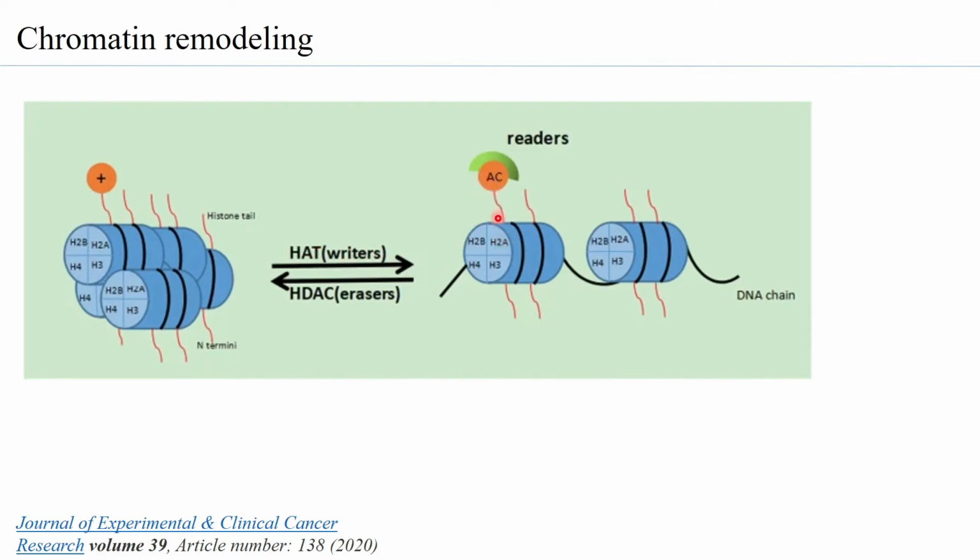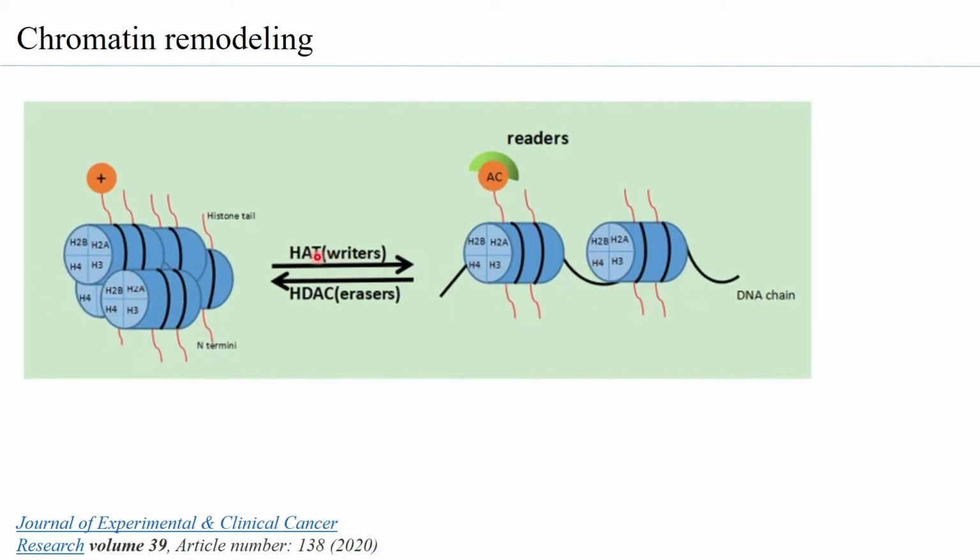That histone code can be read by different complexes, and those complexes are called readers. In this case, as you can see, the acetyl group causes less condensation, so it becomes a less condensed form. Therefore, this is going to be more transcriptionally active than this.